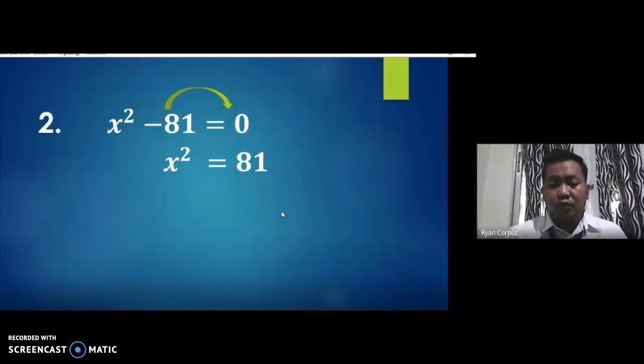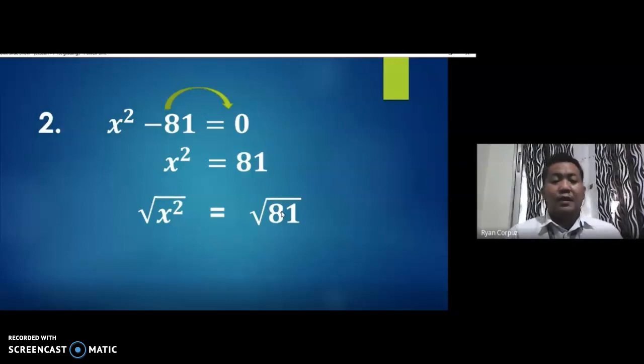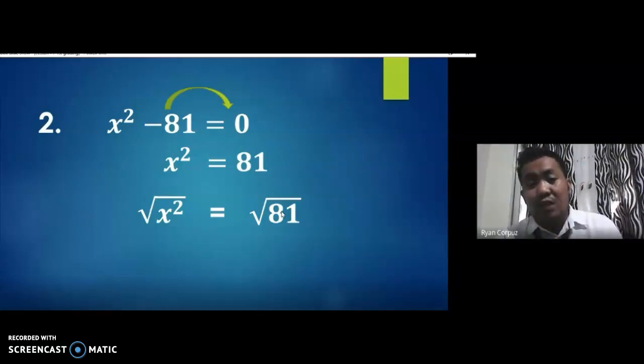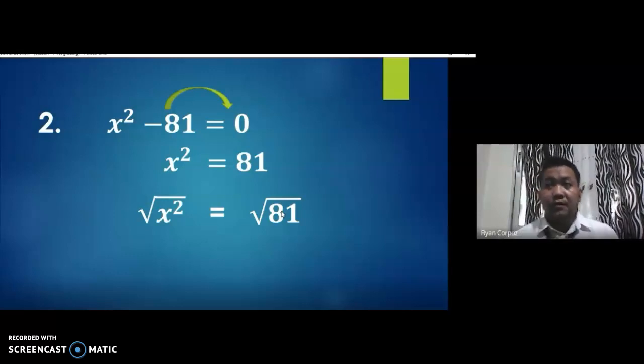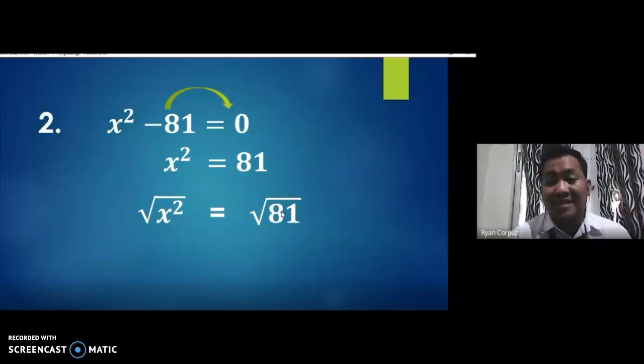Then the next thing we're going to do is get the square root of both sides of the equation. We know that the square root of x squared is x. Then 81 is a perfect square, so we are going to get the square root of 81, and we know that the square root of 81 is 9.